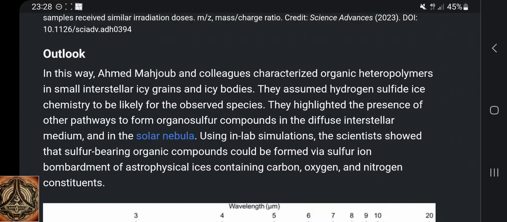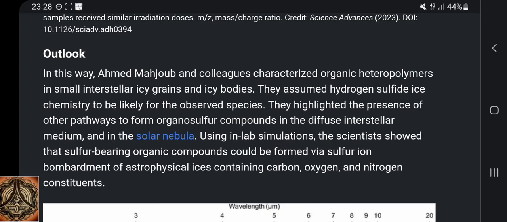Outlook. In this way, Ahmed Mahjoub and his colleagues characterized organic heteropolymers in small interstellar icy grains and icy bodies. They assumed hydrogen sulfide ice chemistry to be likely for the observed species.